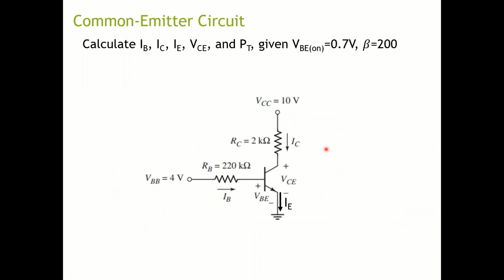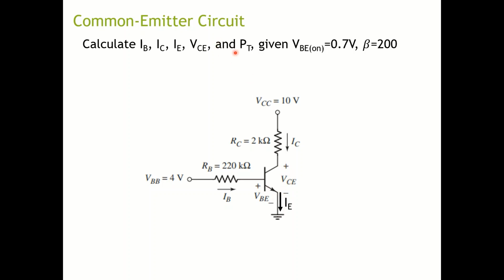So let's work together through an exercise. Given the circuit here, it's exactly the circuit that we have in the previous slide. However, I just give you a few parameters so we can work this problem out together. I want you to calculate the base current, the collector current, the emitter current, the collector-emitter voltage, or the voltage across the collector and emitter.